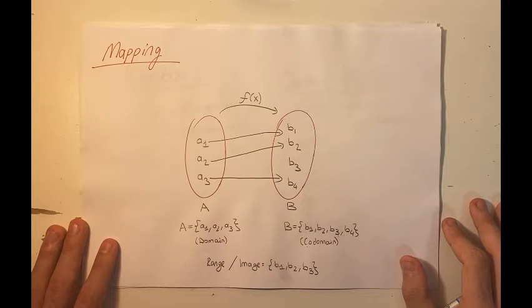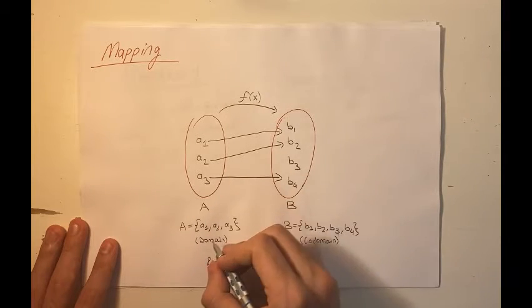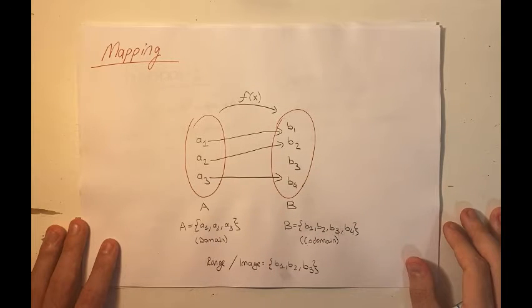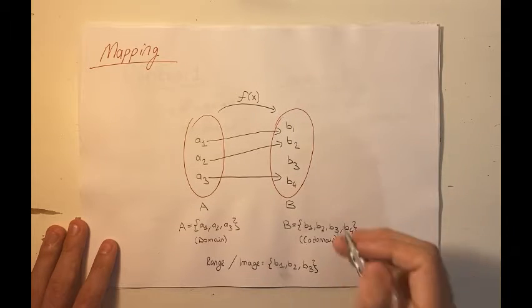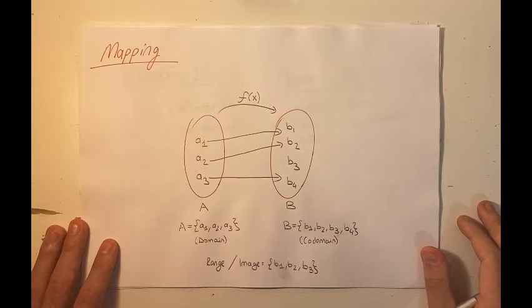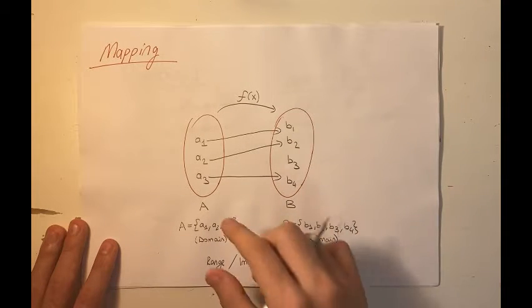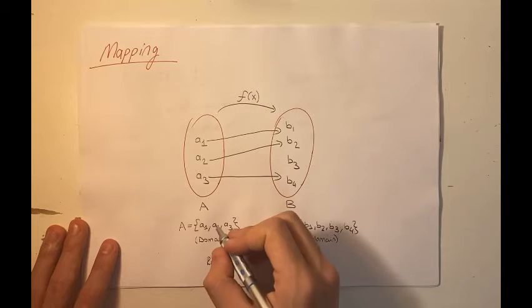What we've done now is the domain. We map the domain elements here in set A to the elements of set B. But maybe if you carefully watched it, you see that we didn't map B3 to an element in set A, which also in function has specific names.